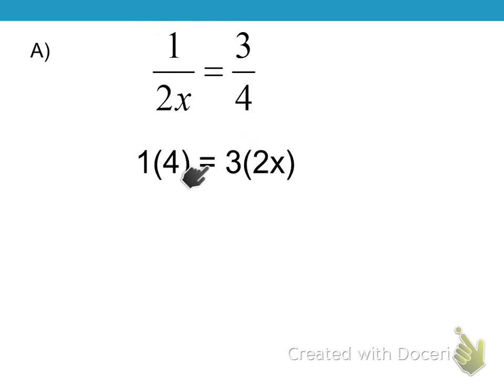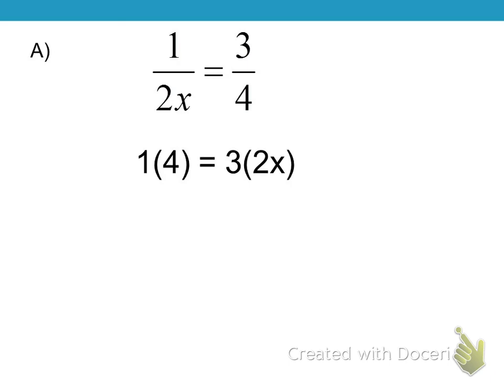That's going to be equal to 3 times x. Did you have a question? You said 1 times 4 equals 3 times x. 1 times 4 equals 3 times 2x. Oh, you just said x. Oh, you know what I meant. I'm just making sure.